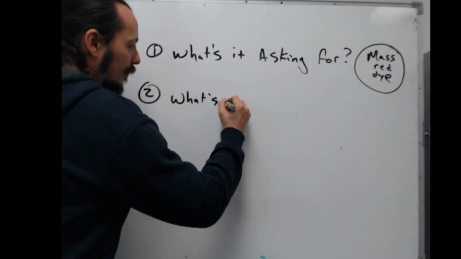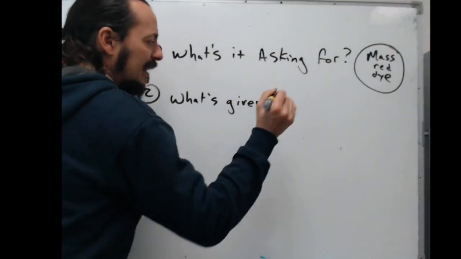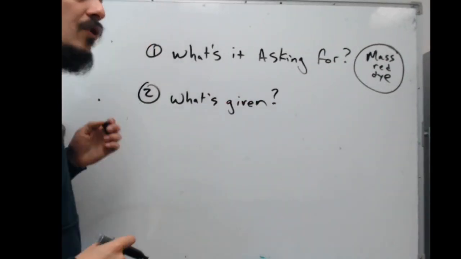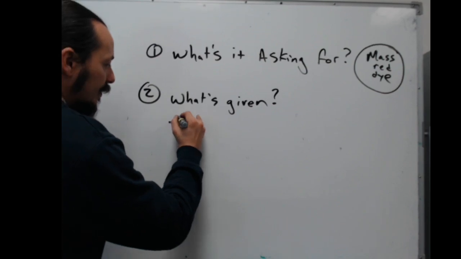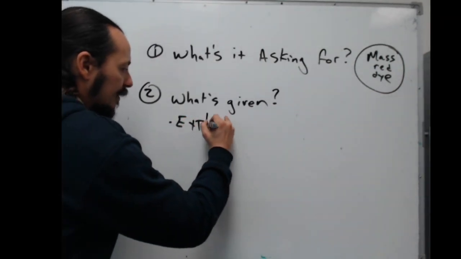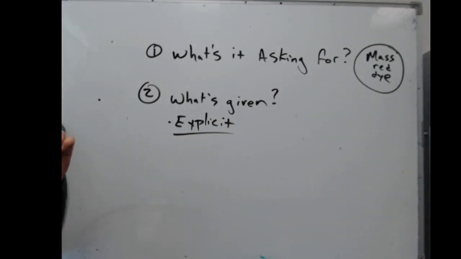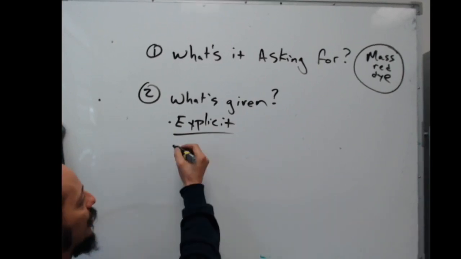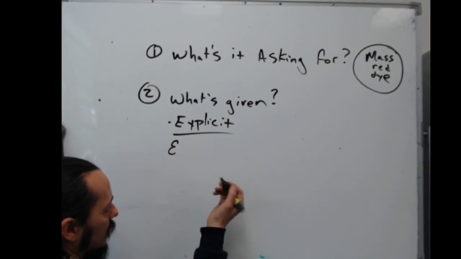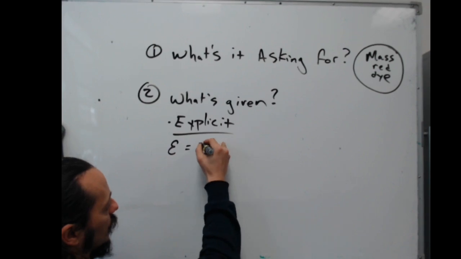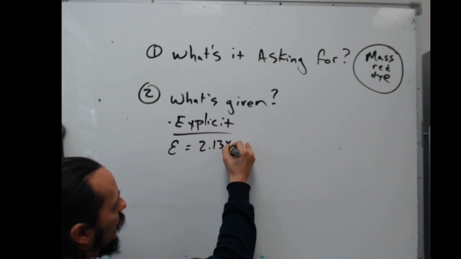what's given. And we want to split this into kind of 2 categories. There's explicit information. Explicit information are the particular numbers given in the problem. So let's go through that again. You don't have to read it all, but let's just get the numbers that are given. We're given epsilon. Yeah, it's 2.13 times 10 to the fourth.